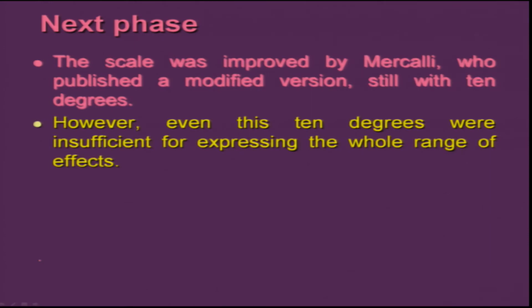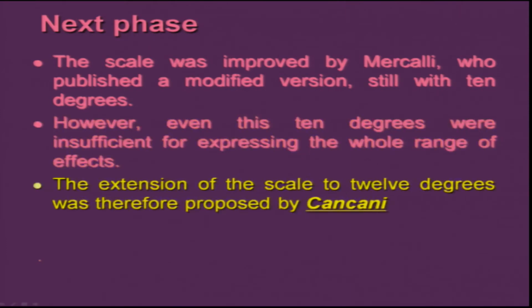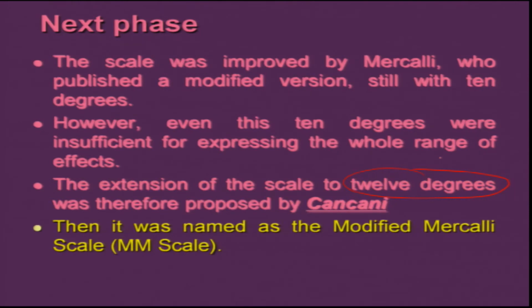However, even these 10 degrees were insufficient for expressing the whole range of effects, so an extension of this scale to 12 degrees came up, given by Cancani, who suggested a more refined scale to express the whole range of damage. Then this scale was named the Modified Mercalli scale.